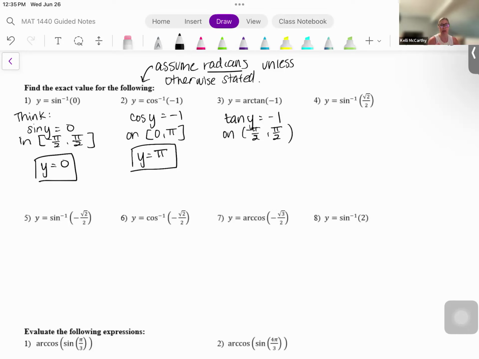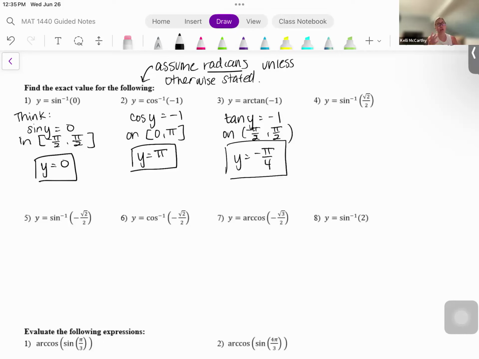So if that ratio equals positive or -1, it's got to be at one of those pi over 4 units. Since that ratio is -1, we want to be in the fourth quadrant, or y is equal to negative pi over 4.